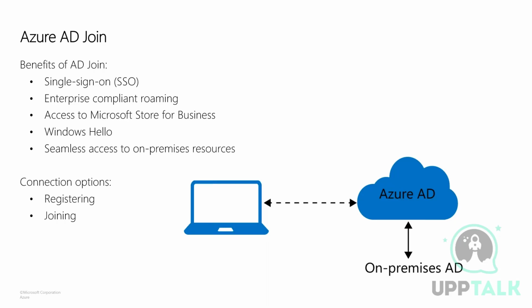When you have registered your device, you can get features of single sign-on. You can get the latest Windows 10 features, such as Windows Hello. You'll be able to access all the applications over here, and all these applications work on single sign-on and are compliant for roaming. That's an advantage that we get with Azure AD Join.